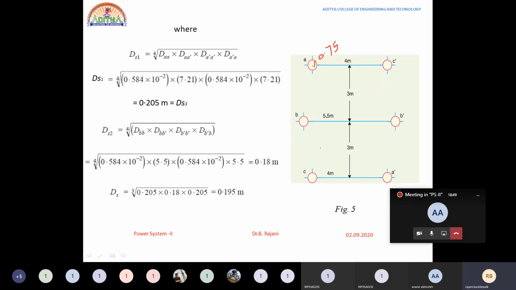Since it is a three phase double circuit line, this is the ABC phase and A dash, B dash, C dash is the arrangement for the three phase double circuit line.